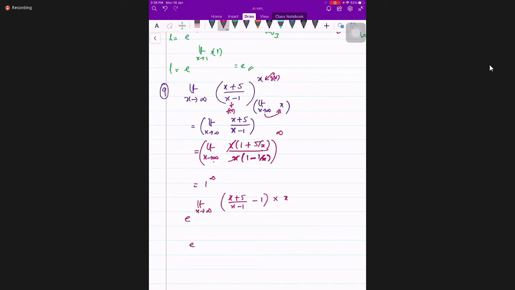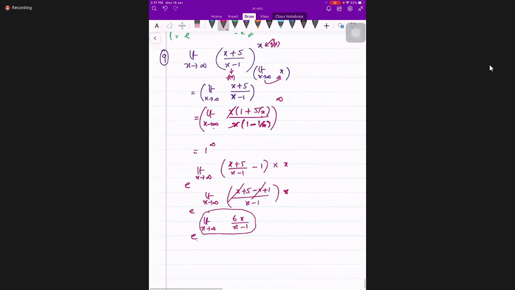Only one is responding, remaining, I don't know, following or not understanding. x plus 5 minus x plus 1. Both cancel into x, then e power limit x tends to infinity 6x upon x minus 1. Again, how to simplify this limit? Here, no problem with e by this limit again.